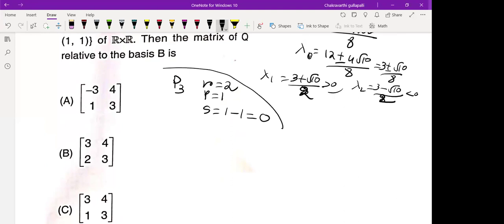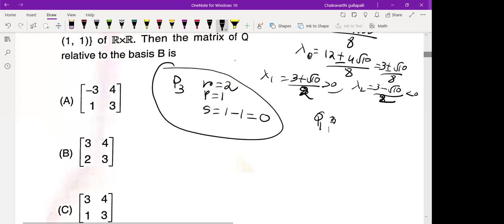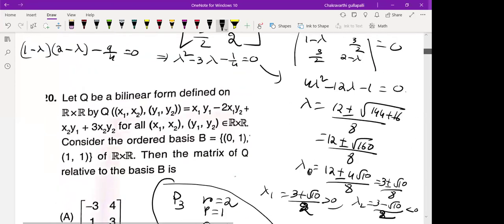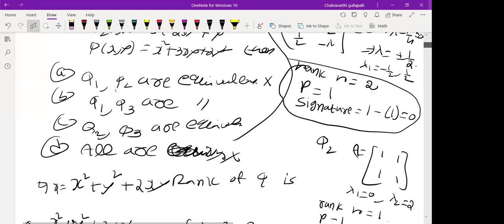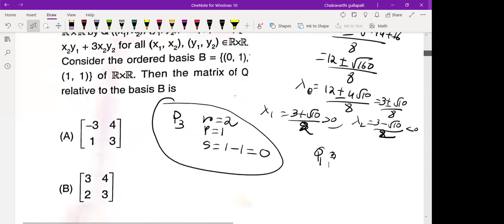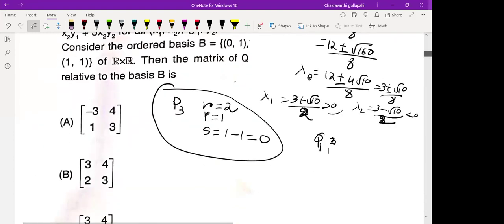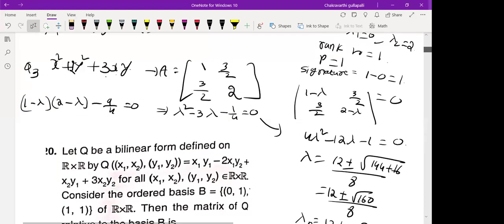So check what data you got for Q1. For Q1 also just check the data. Q1 rank is 2, you can see rank is 2. P is 1, signature is 0. Same: 2 1 0, 2 1 0. So Q1 and Q3 are equal.